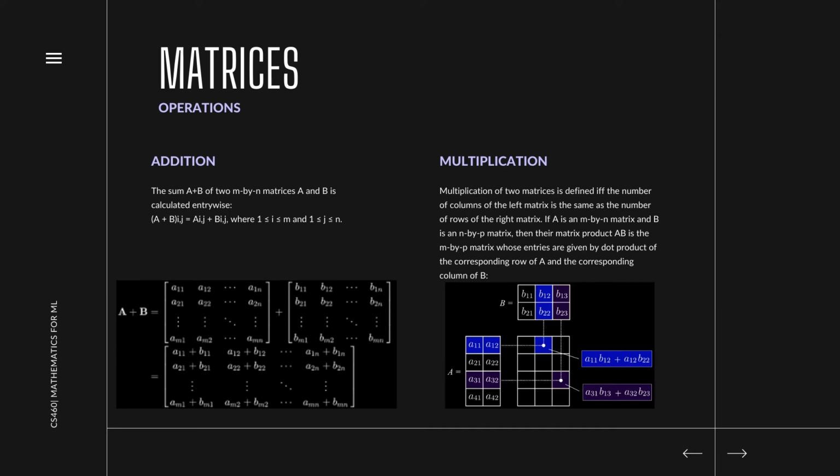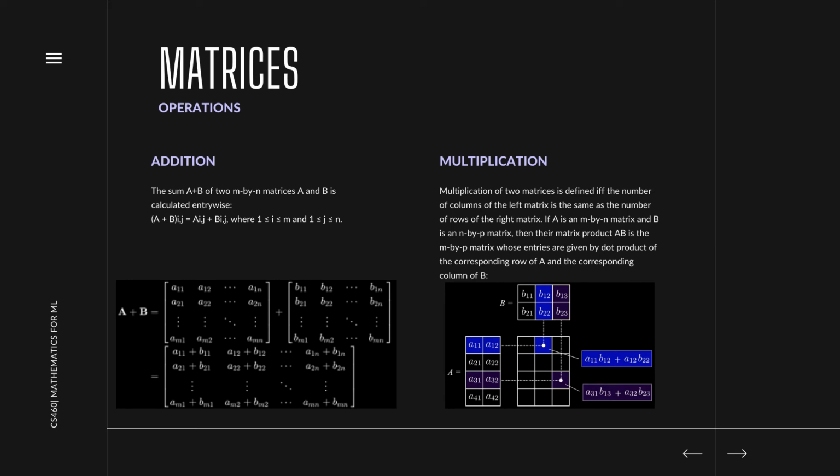Like, given a position ij, a i j plus b i j, and we sum all those terms together, as we can see in the example. So it's required that A and B have a similar structure. Both are of the form m cross n matrix.